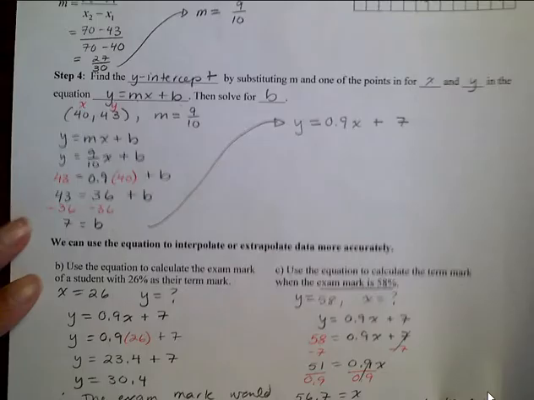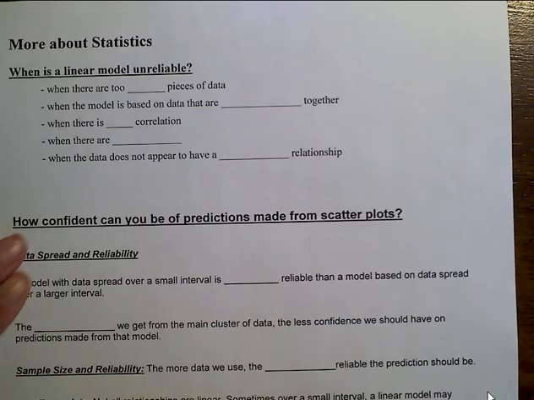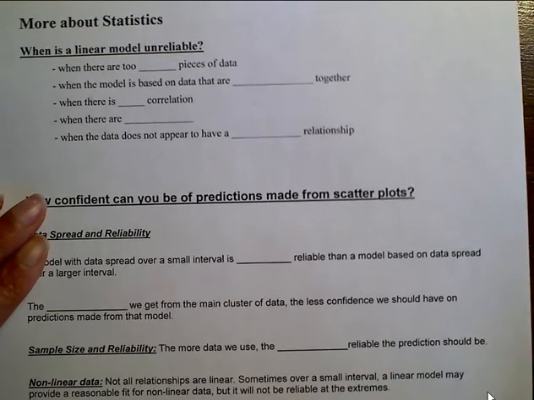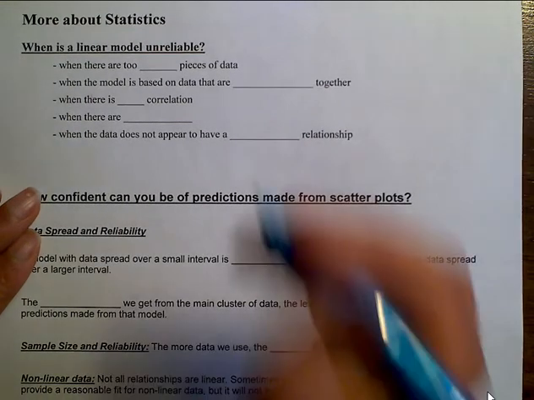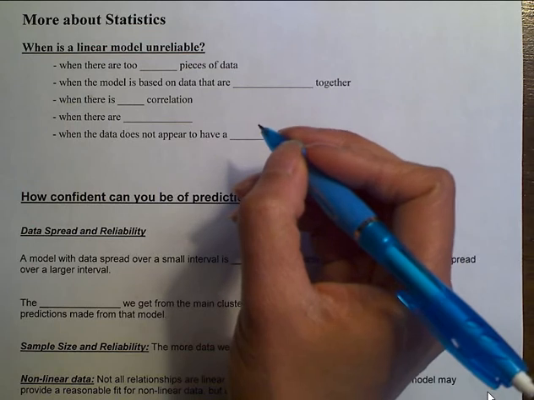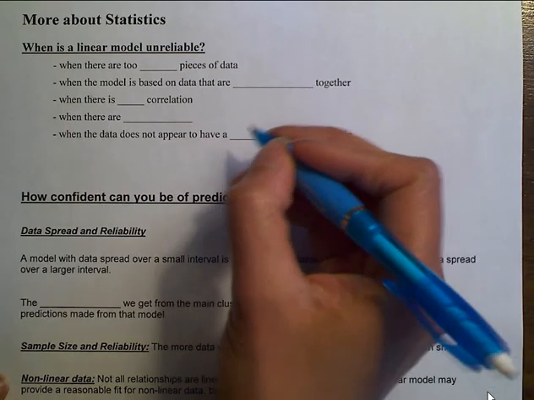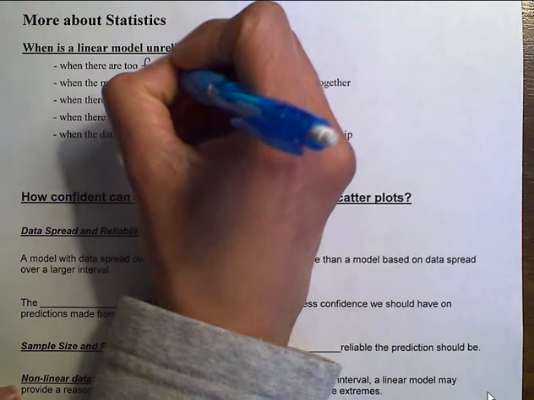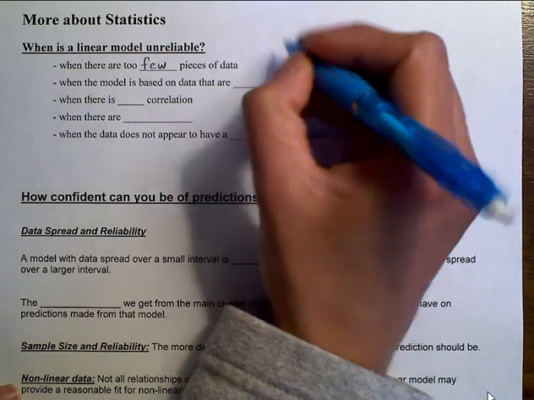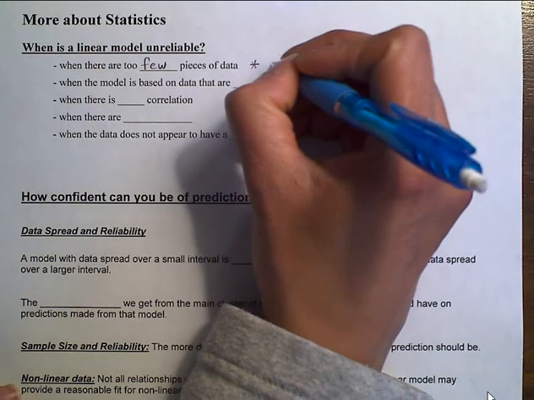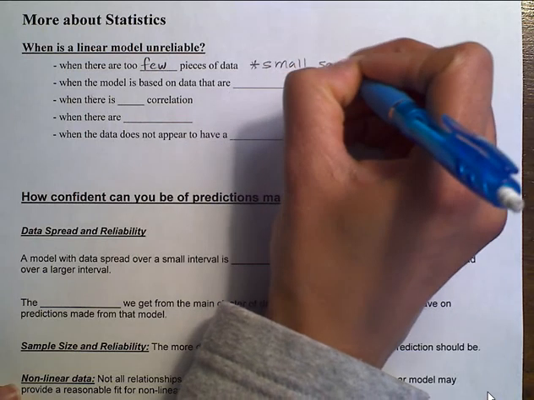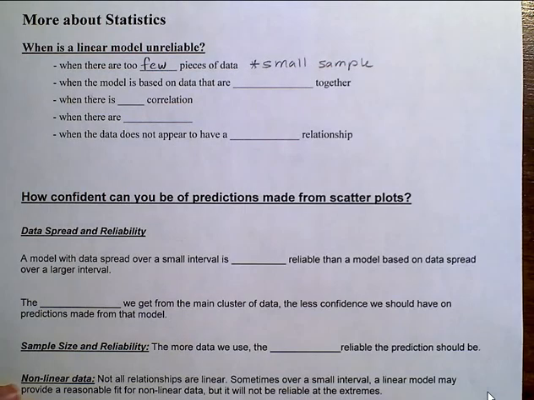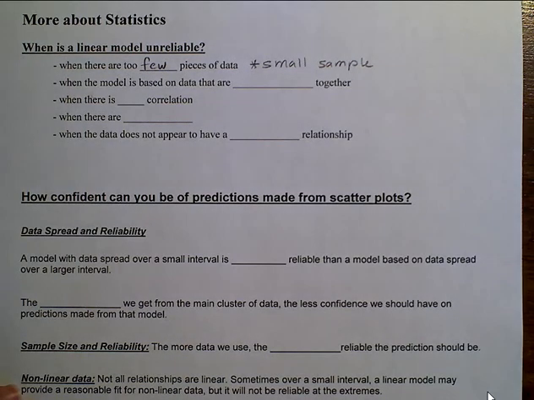Okay, so now we are on the back. And I just want to teach you a little bit more about statistics. So when is a linear model unreliable? Well, a linear model would not be a good model when there are too few pieces of data. So that basically means that your sample is too small. And again, there are rules in statistics that you need to follow to make sure your sample size is large enough.